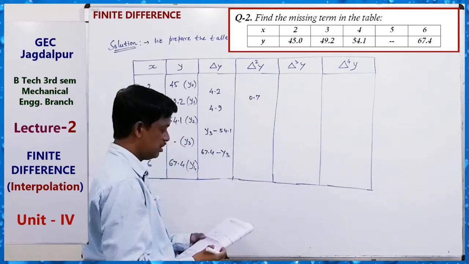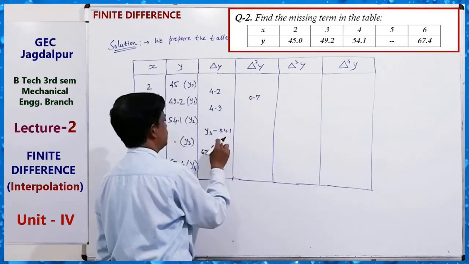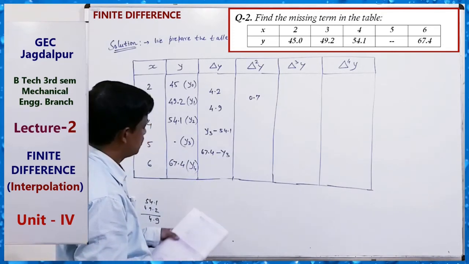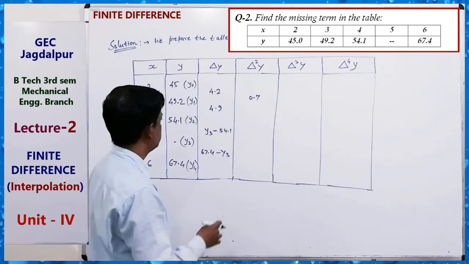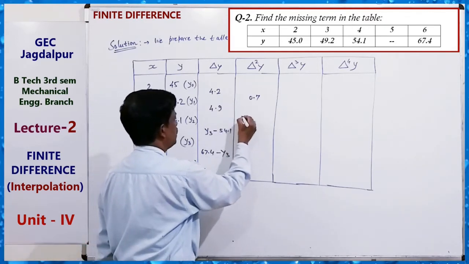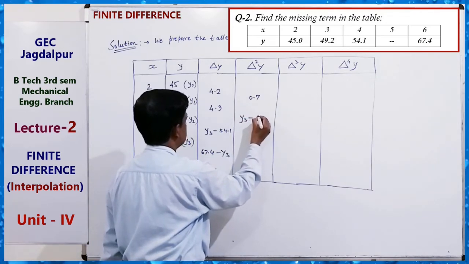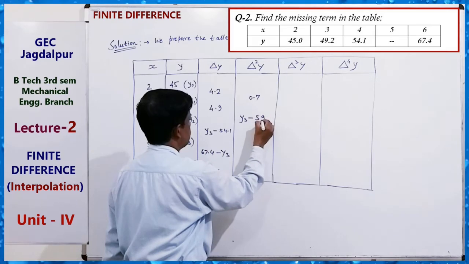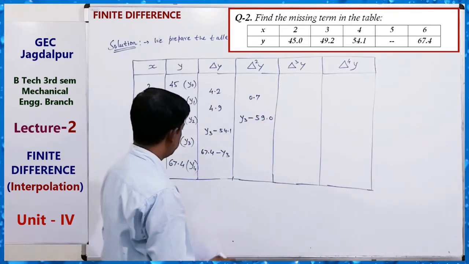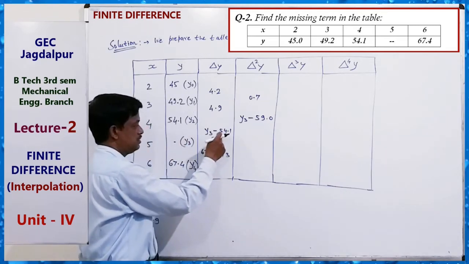And here, this minus this means 0.59, and then y3 minus 54.1 is 59.0.